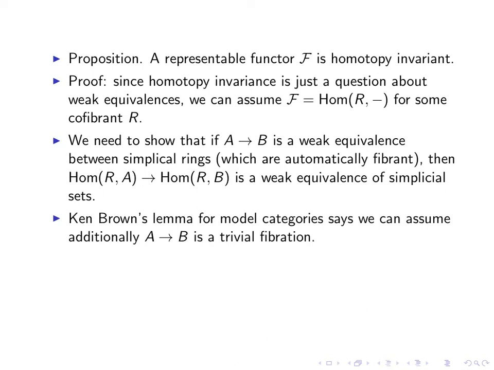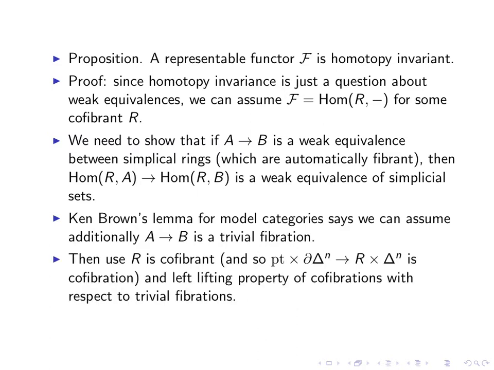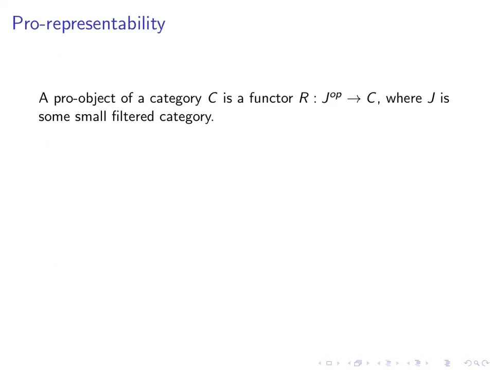Ken Brown's lemma for model categories says that we can assume additionally that A to B is a trivial fibration, and then we use that R is cofibrant and one of the lifting properties of cofibrations with respect to trivial fibrations.